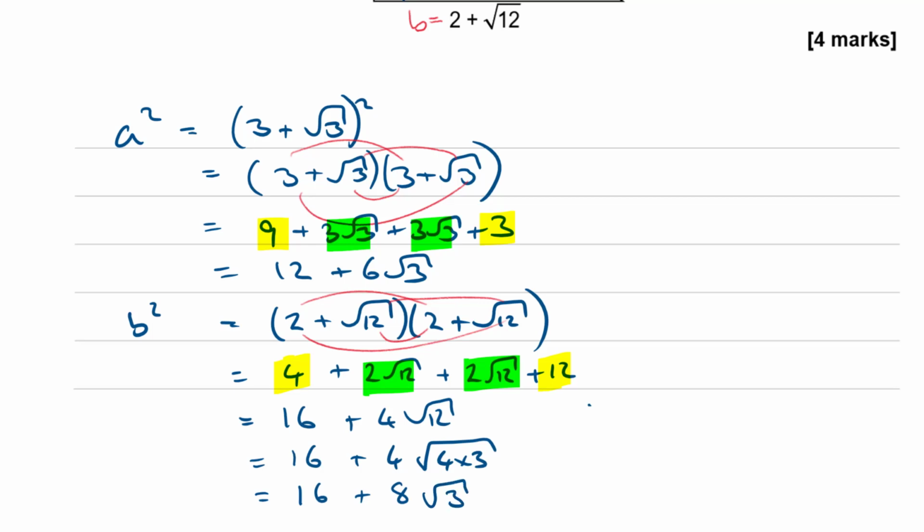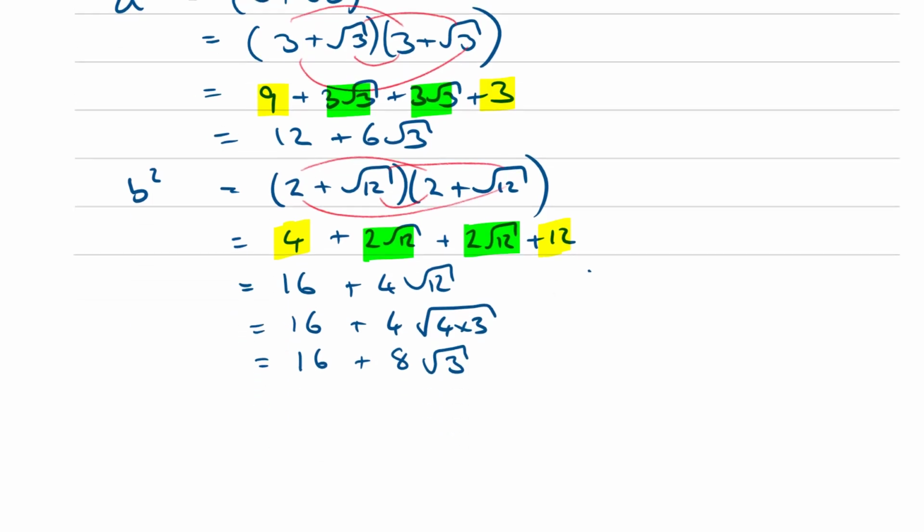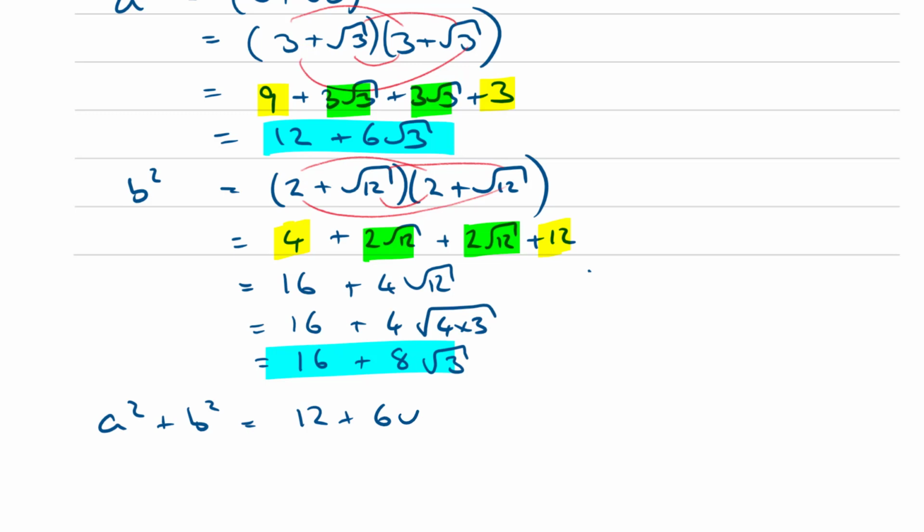Okay, so now I can add a squared and b squared together and see what I've got in total. So what is a squared plus b squared? It's going to be my expression up here plus my other expression here. So I'm going to get 12 plus 6 root 3 plus 16 plus 8 root 3.